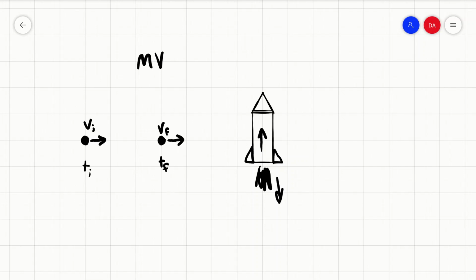So imagine we have a mass m that was at t initial and had a velocity v initial, and now is at time t final with a velocity v final. So the momentum change with time is m v final minus m v initial divided by t final minus t initial.